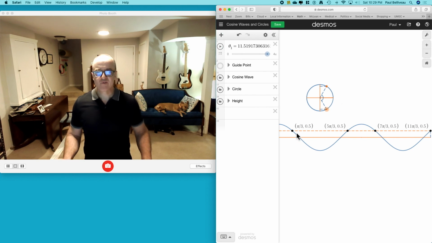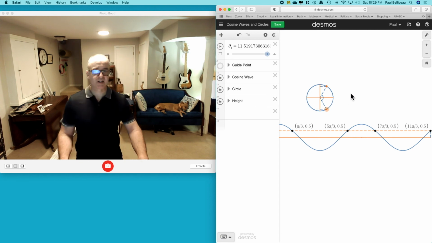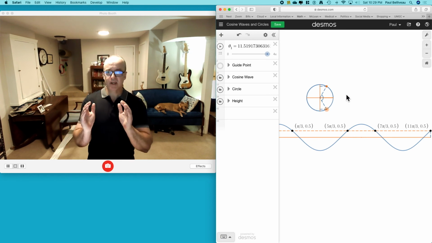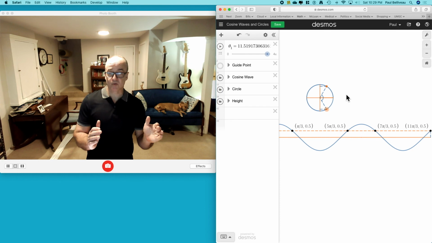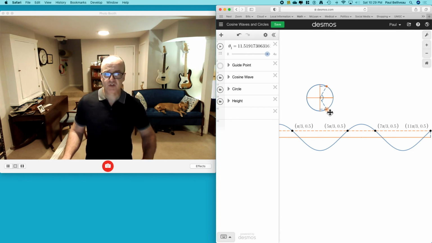We get these 4 points on these 2 periods of a cosine wave that are all half a unit above the x-axis, which means they're all half a unit away to the right of the y-axis on the original unit circle. It's easy to get mixed up. Apologize for the confusion. So if all you care about is being half a unit to the right of the y-axis, these 2 points are identical for your purposes. And these 4 points are completely redundant, if that's all you care about.